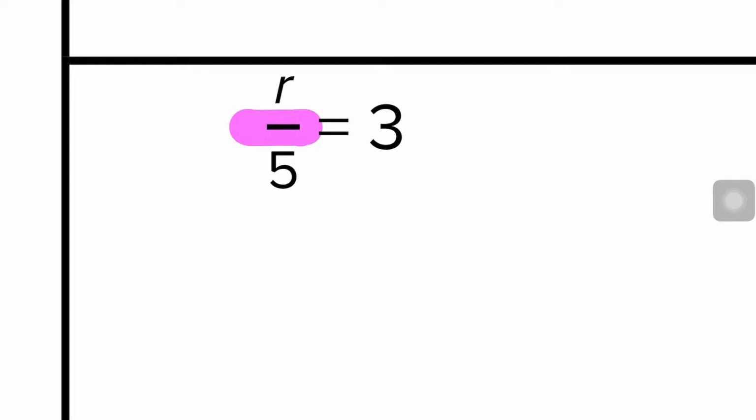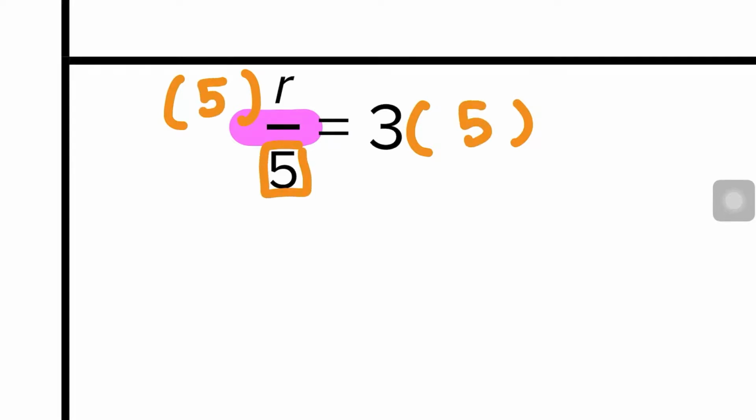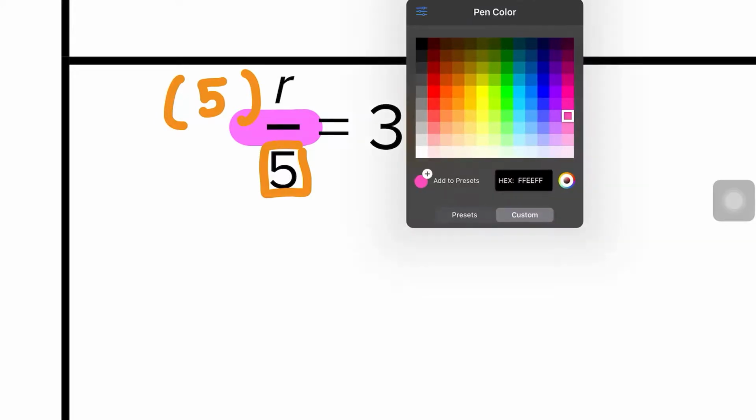So the inverse operation is to multiply by a number that will give us a coefficient of 1. And that number is 5. Let's see if that's true though. I just want to double check.